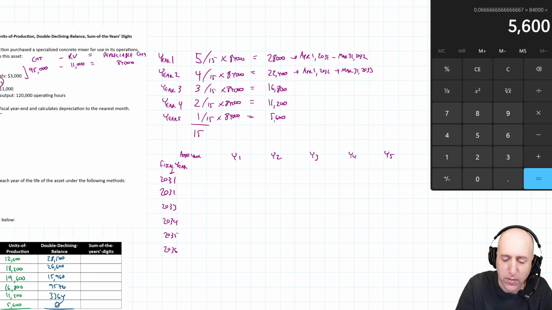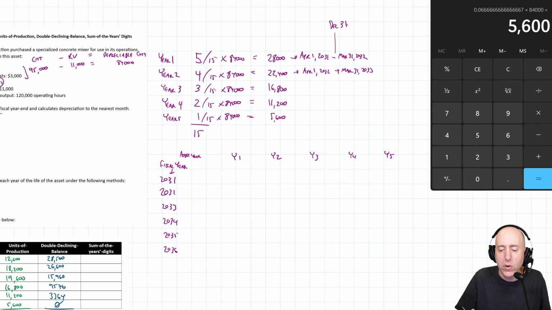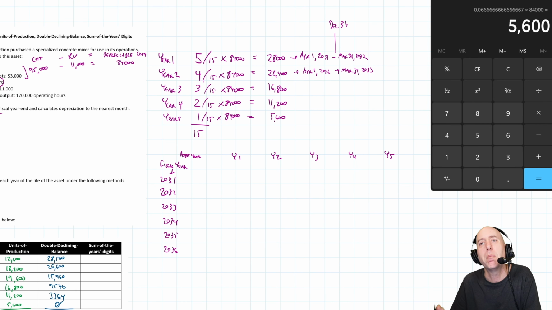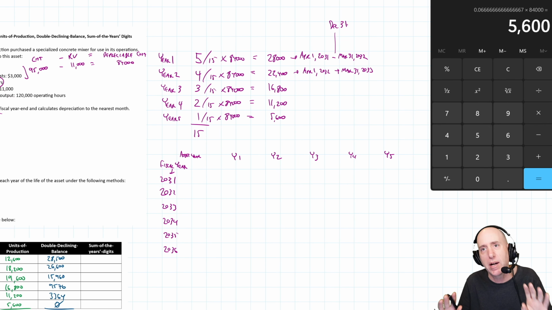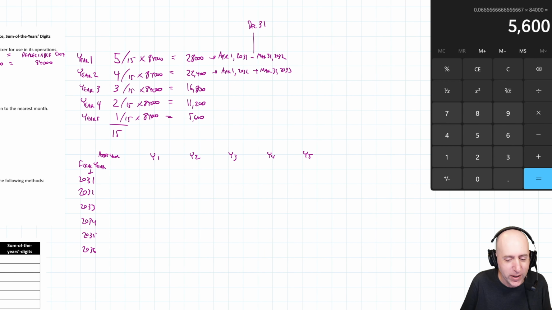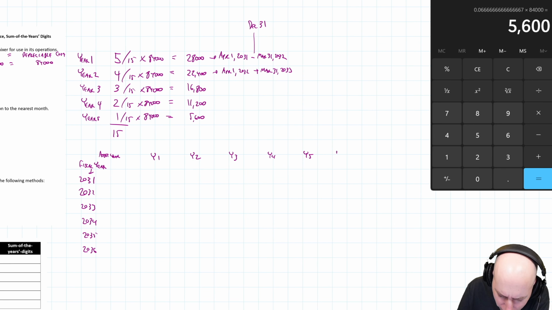And what you're seeing is our fiscal year cuts right down the middle, right? Our fiscal year is December 31st. It's sort of partway through. And so what we end up getting is a series of partial years that I need to track. I need to do a table that looks like this to track it. Now, your textbooks might do it a little differently. This is how I keep things straight in my dopey head, and hopefully it'll help you keep things straight in your smart head, I'll say.